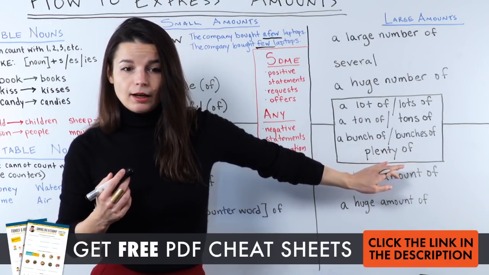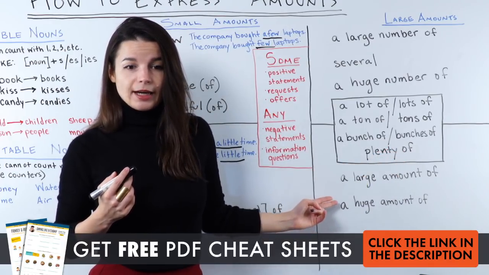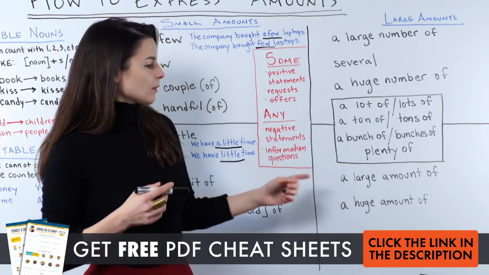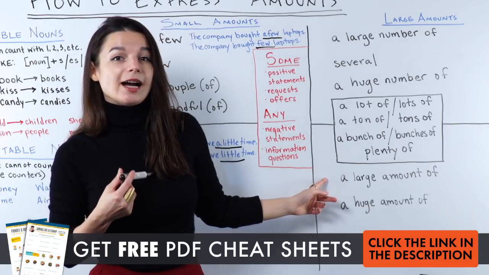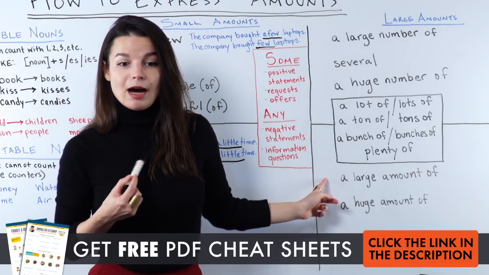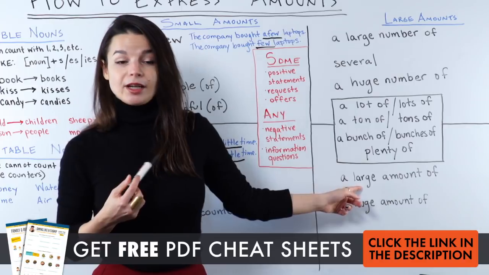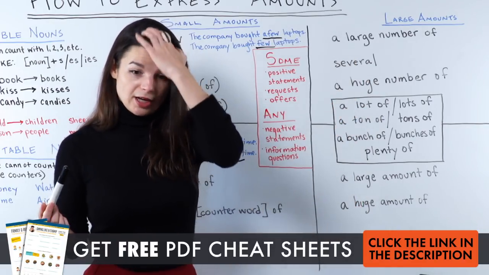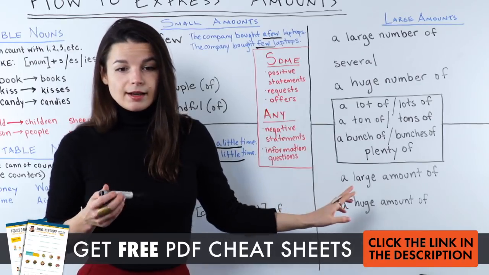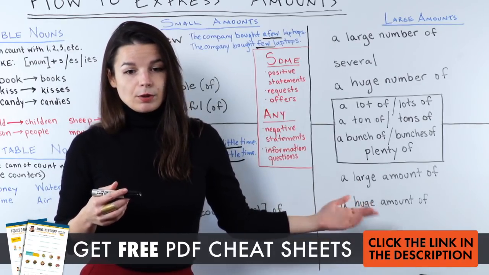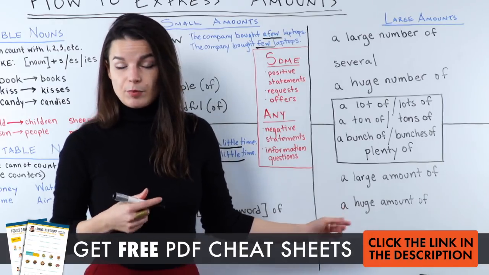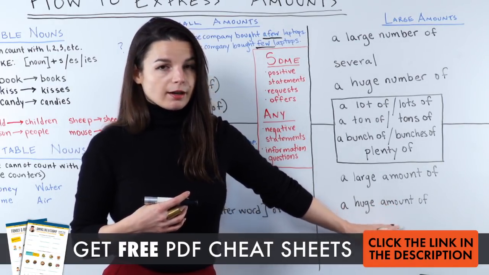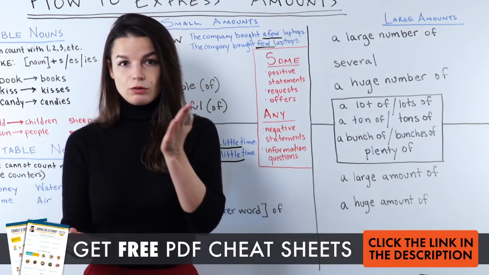Okay, let's go to this last point here then. So uncountable noun related expressions. If your noun is uncountable, like time, you can say a large amount of, as I talked about here, or a huge amount of. You can use some other adjectives in these positions in the sentence too. So again, when you're talking about uncountable nouns, use amount.